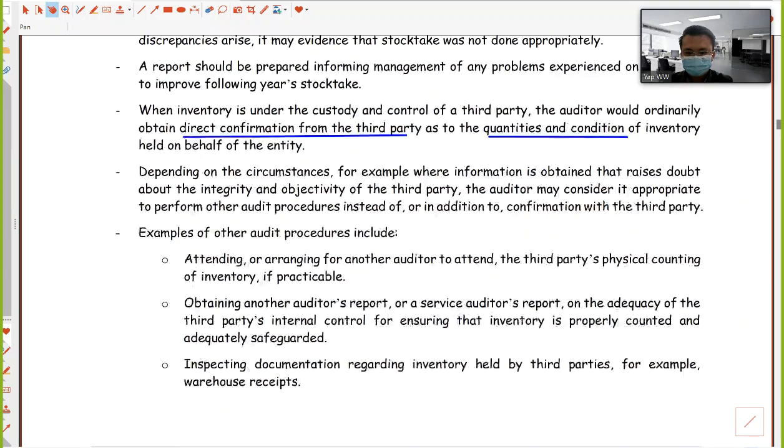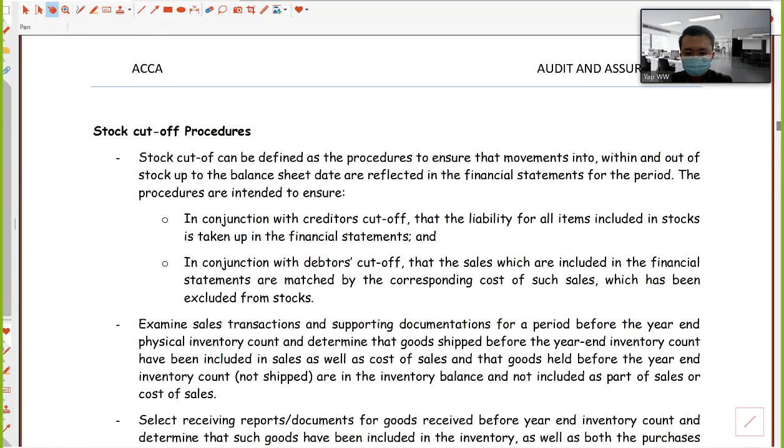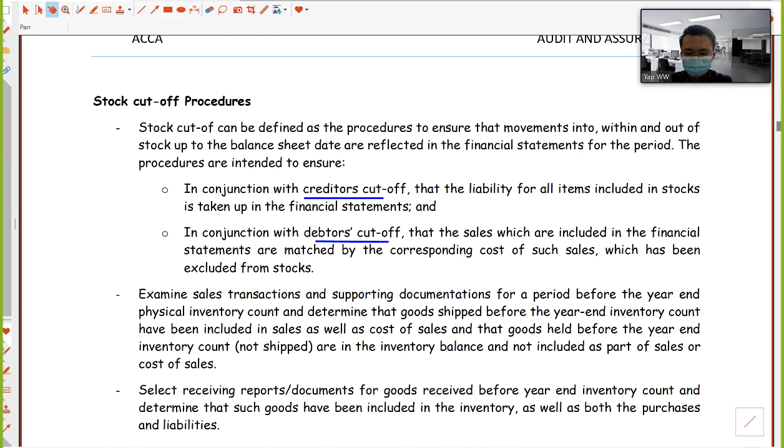So the more important one is the stock count instruction. Then you've got cut-off procedures, like what I have mentioned. You do the creditor cut-off and debtors cut-off. Okay, the wordings are the same. Pre and post dispatch notes will refer to the stock quantity. So I leave it for your own reading.